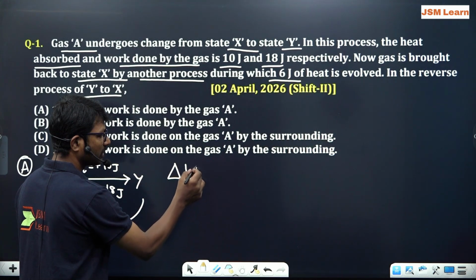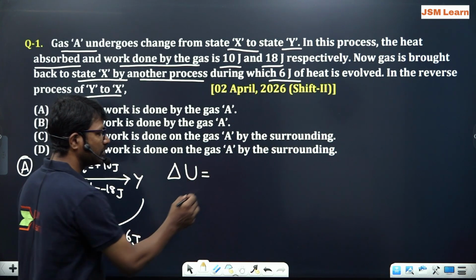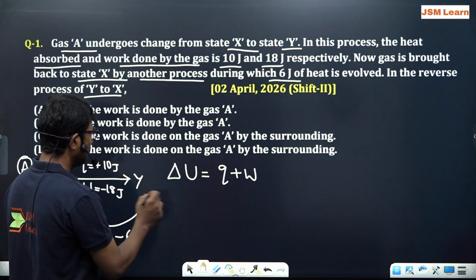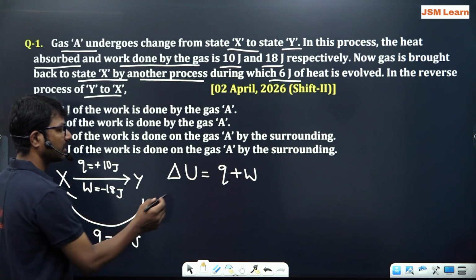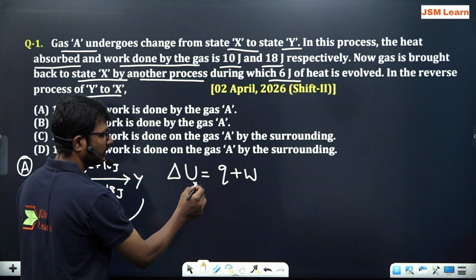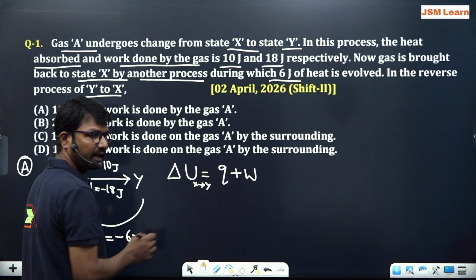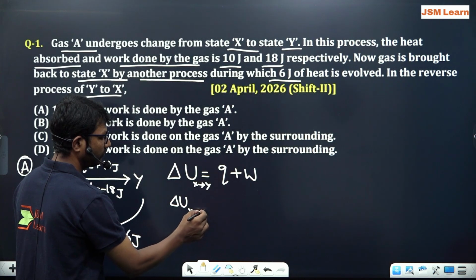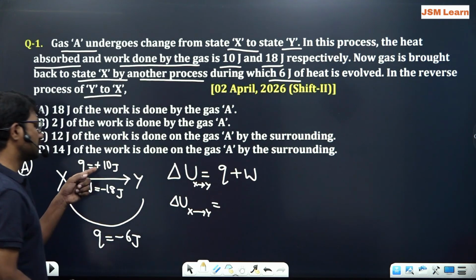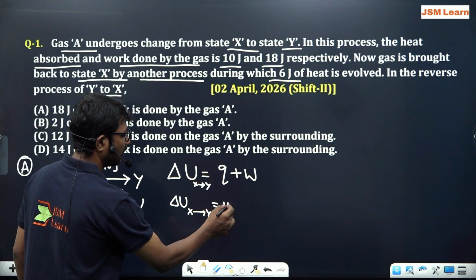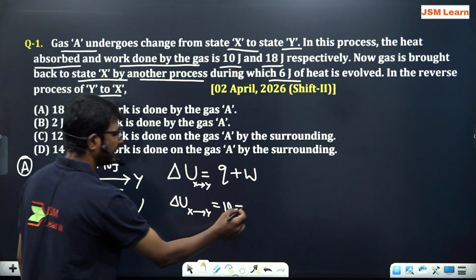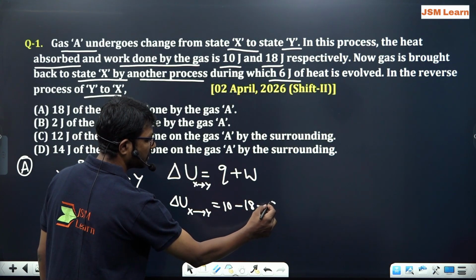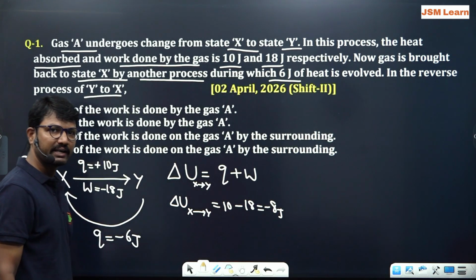According to the first law of thermodynamics, we can write delta U is equal to Q plus W. For the first process X to Y, we identify delta U when gas A is moving from X to Y. Q value is 10 and W value is minus 18. So delta U we got here as minus 8 joules.